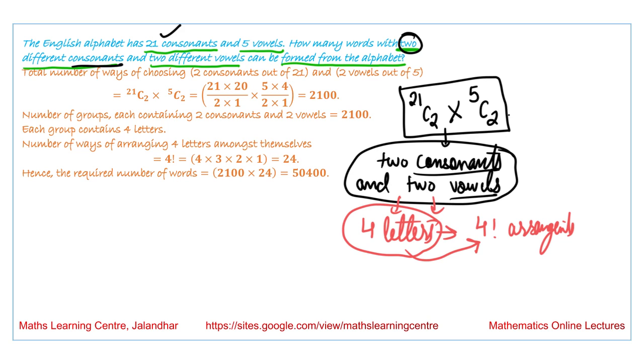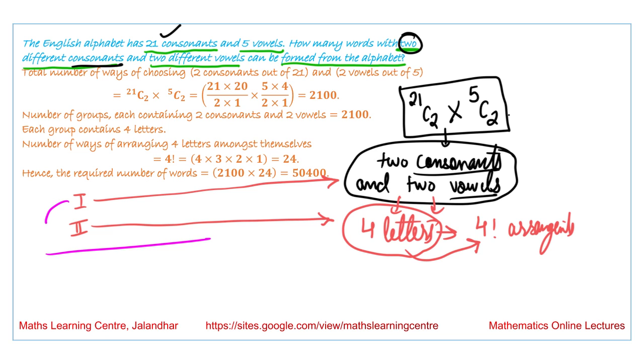So what we have done: first step, we have chosen 2 consonants and 2 vowels. Second step, we have arranged these letters. So from the fundamental principle of multiplication, these are the steps we have. This is the first step, followed by this, the second step.